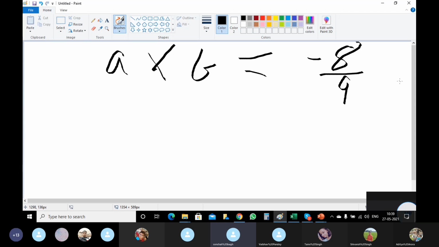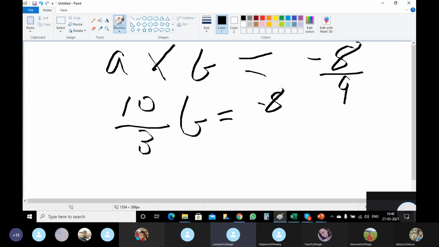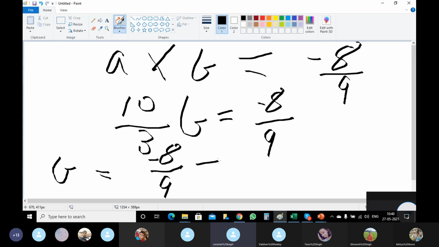Then if one of them is 10 by 3, means if A is 10 by 3, then we have to find out B. Can you solve it by yourself now? So B will be minus 8 by 9 divided by 10 by 3. Yes or no? Yes, ma'am.